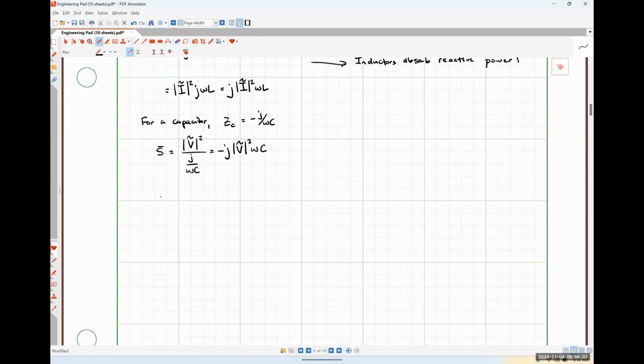In terms of current, we are going to have S is equal to the magnitude of the current squared times our impedance, negative J over omega C. And so rewriting that slightly, we'll have negative J times the magnitude of the current squared times 1 over omega C. Or I could just as easily put that as over omega C like that.